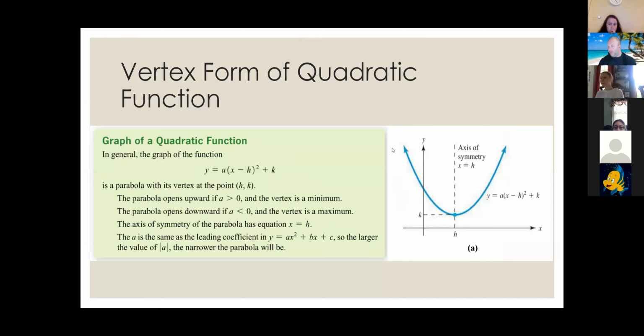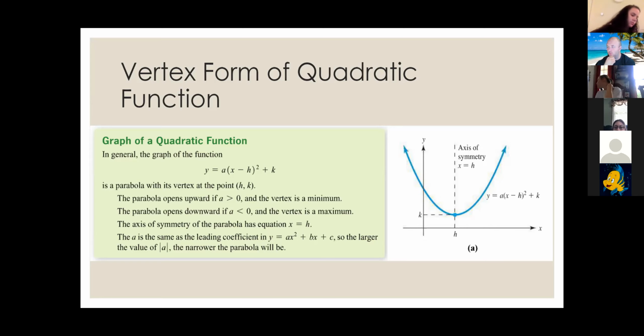So we can create a form about the vertex where everything is centered on the vertex. The ax squared plus bx plus c form is based on the concavity, rate of change, and y-intercept. So you don't see that come through as much on this form where it's only really looking at the vertex itself. Okay.